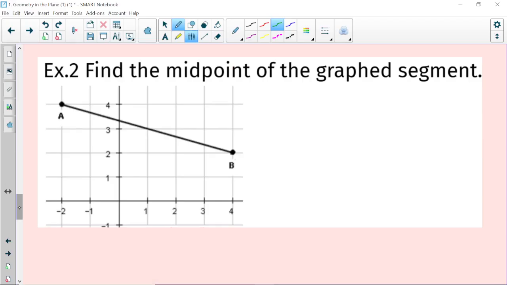All right, example number 2. This time we have a graph with a segment already for us. We are trying to find the midpoint of the graphed segment. So first off, how do we name this segment? AB, and what needs to go on top of the letters AB?